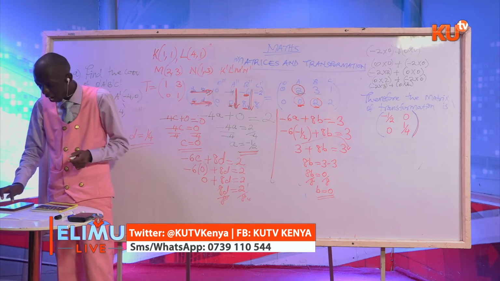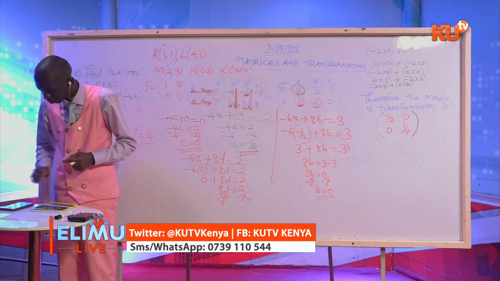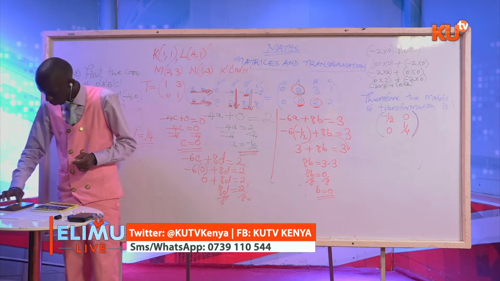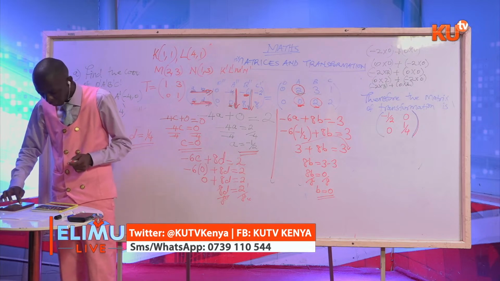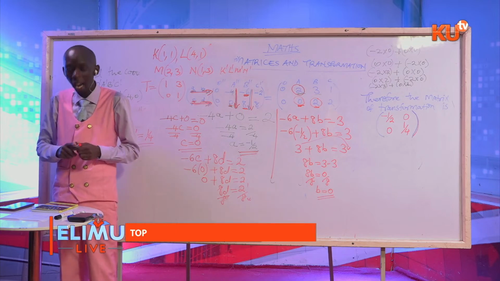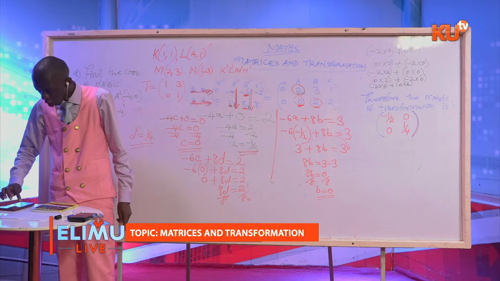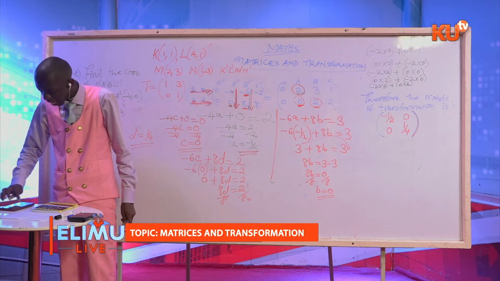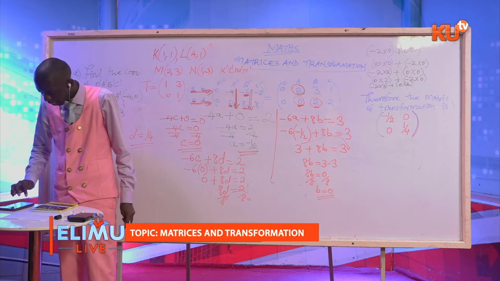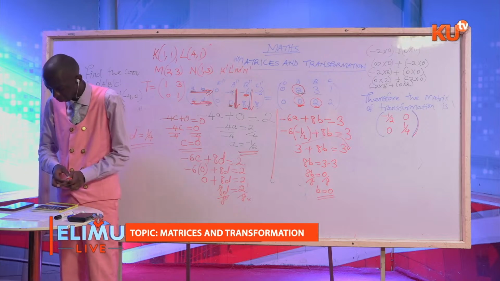Question D. Find a matrix that maps K prime, L prime, M prime, N prime onto K, L, M, N.